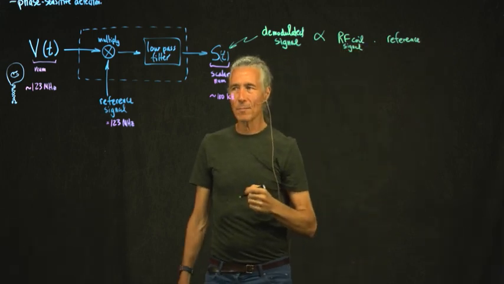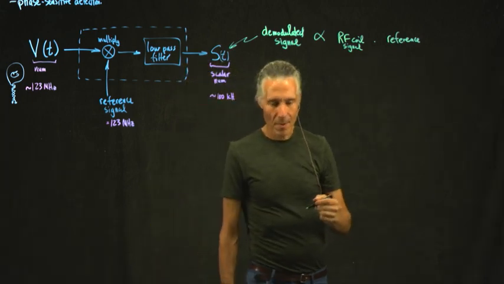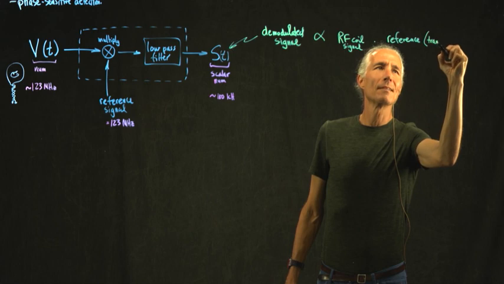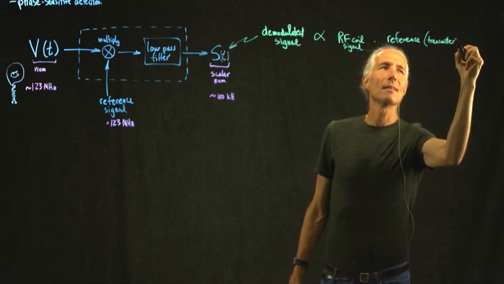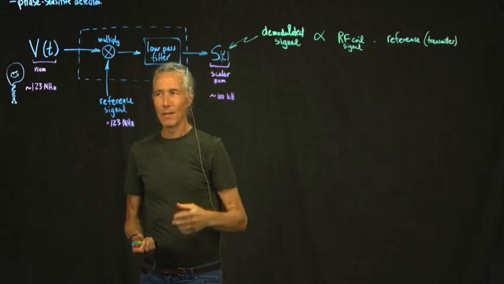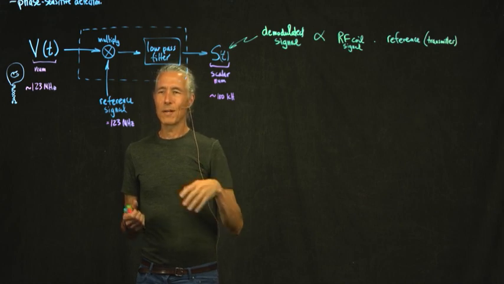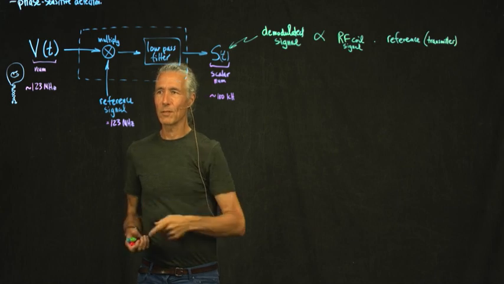The reference signal is coming from the RF transmitter. The transmitter is the thing that defines what time t equals 0 is. Basically, information from the transmitter oscillator is what's going to provide this extra information that will allow us to get two numbers out of this single coil.